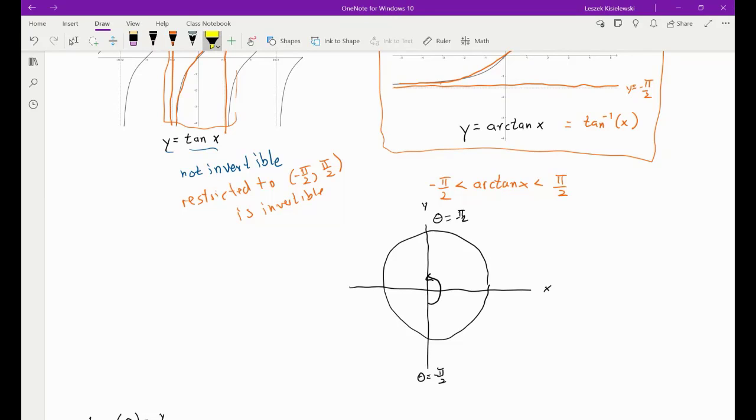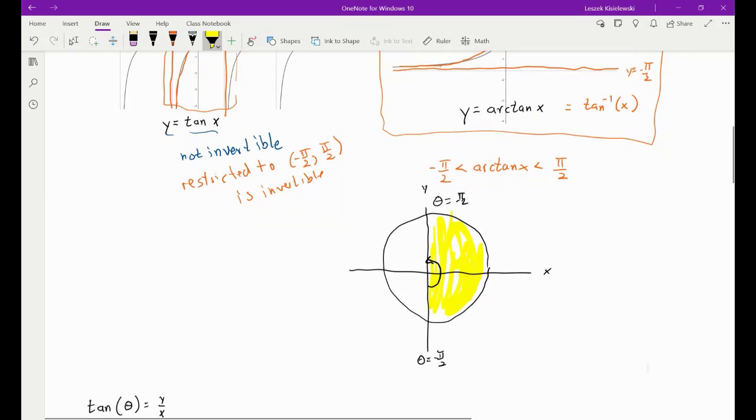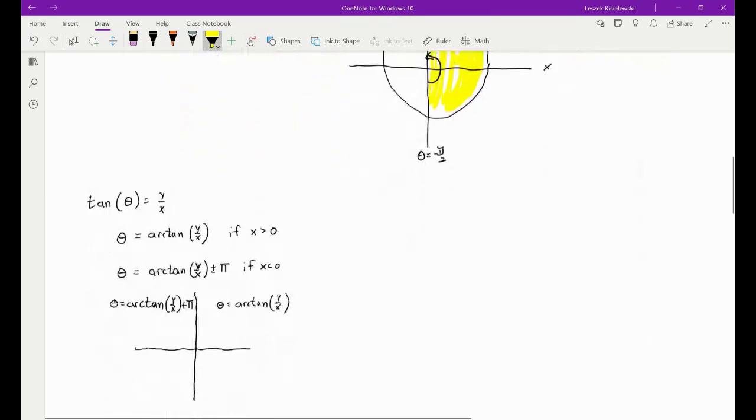It only returns angles in the first and fourth quadrant. It would never give you a theta that's in the second or third quadrant. So we have to keep that in mind.